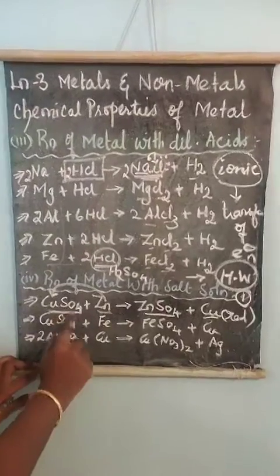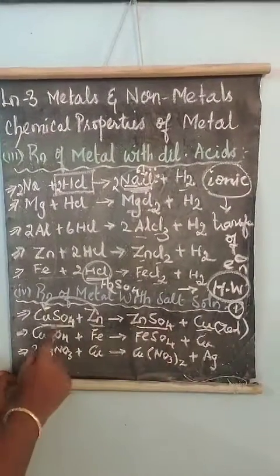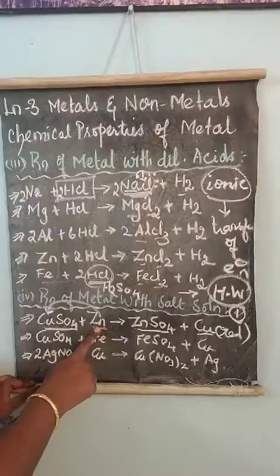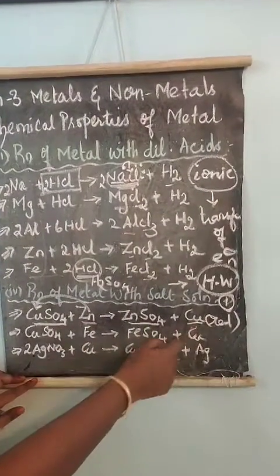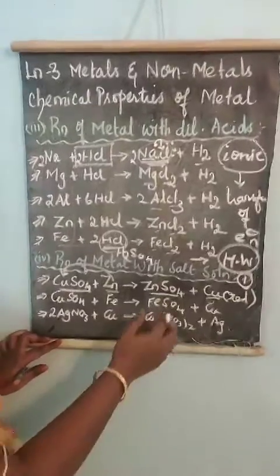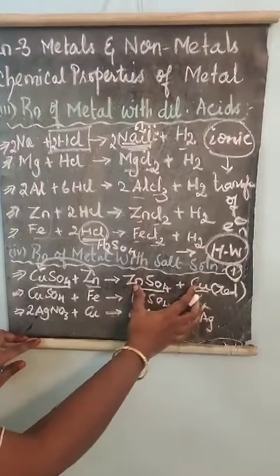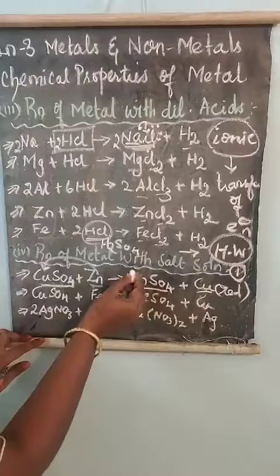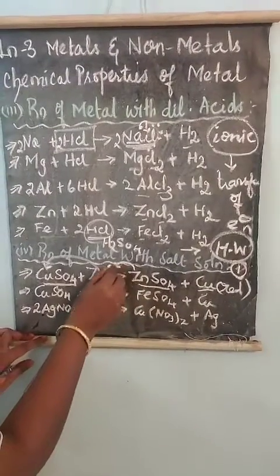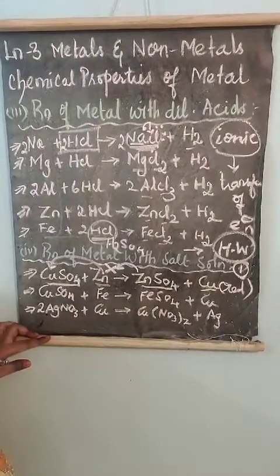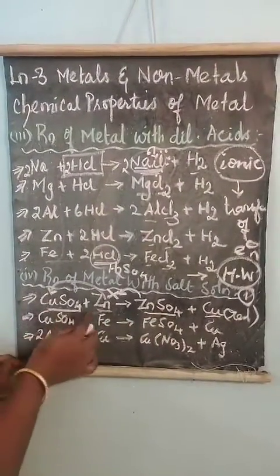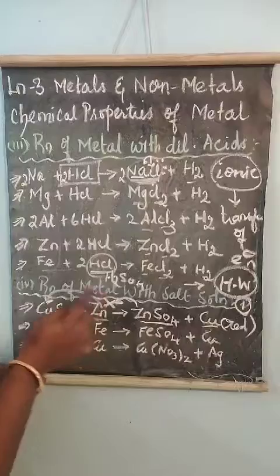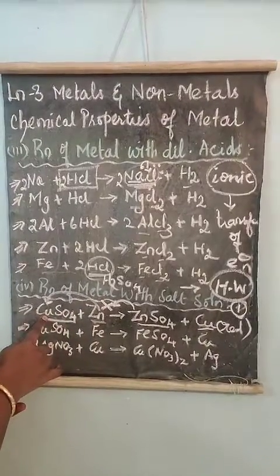Copper sulfate reacting with zinc forms zinc sulfate plus copper, but zinc sulfate plus copper to form these products will not happen. You may guess why: zinc is a more reactive substance, which replaces the less reactive copper.